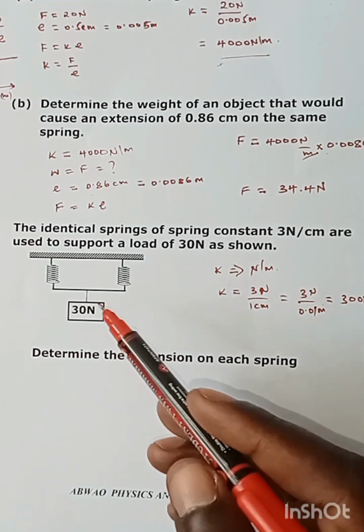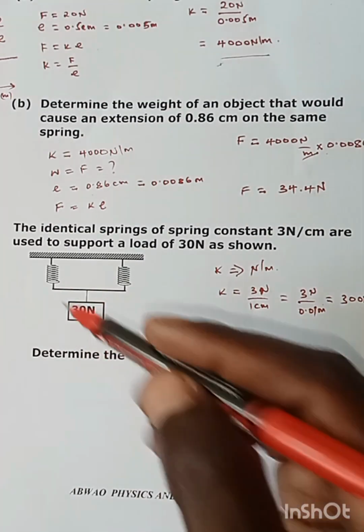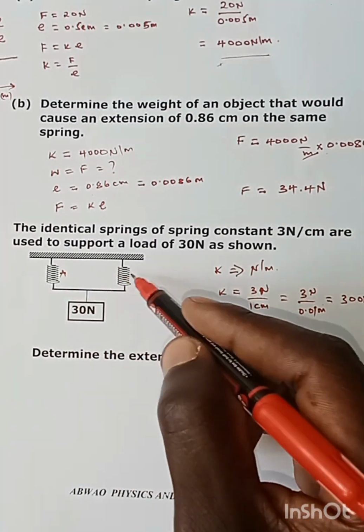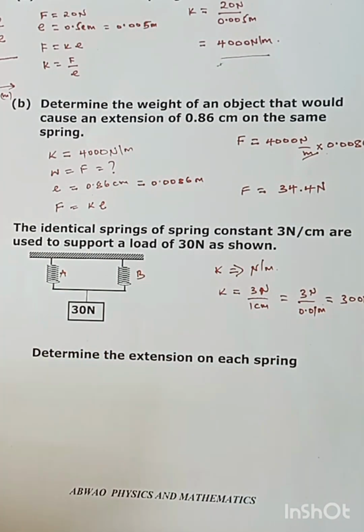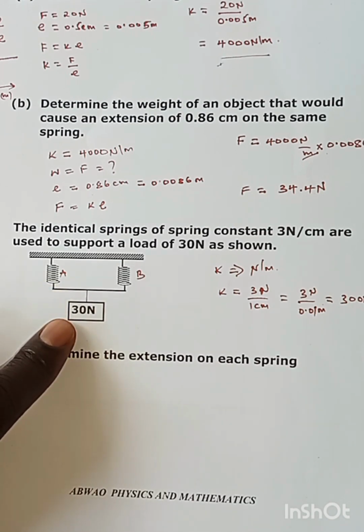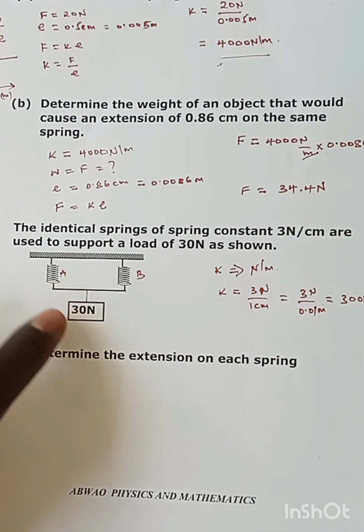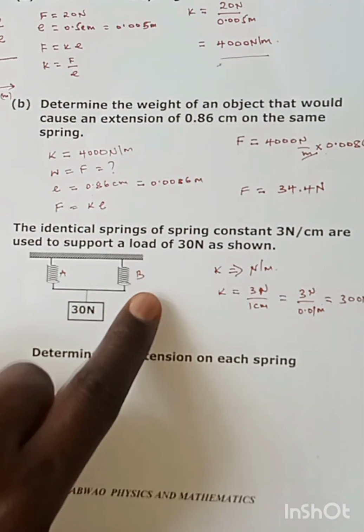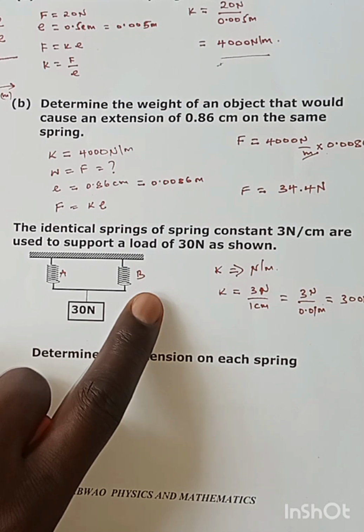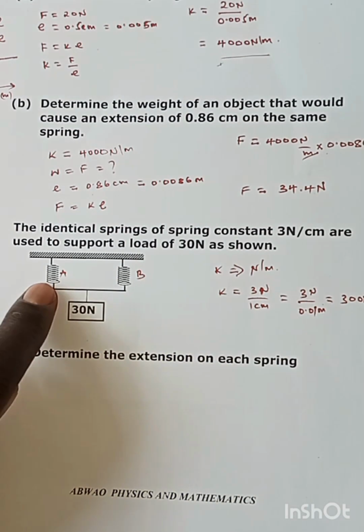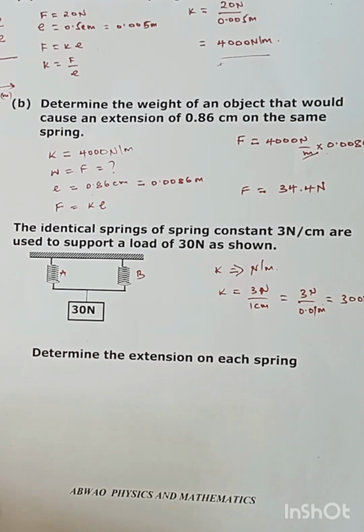We then say, since these are two springs, maybe we can talk about spring A and spring B. Since they are connected in parallel, it means that they are sharing this weight, the 30 newtons. So spring A is going to experience a half of this weight, and spring B is also going to experience a half of that weight, and therefore the extension in one of the springs will just be equal to the extension in the other.